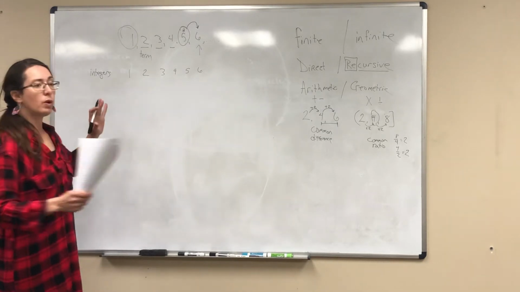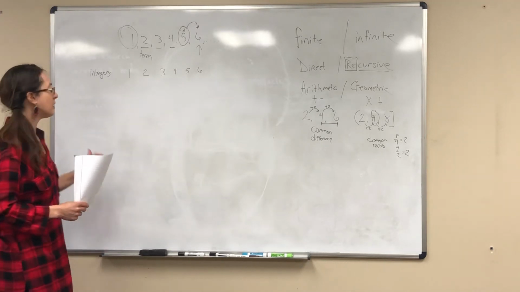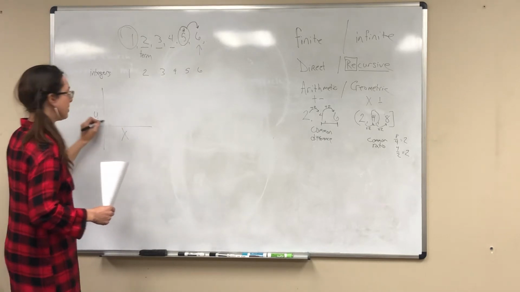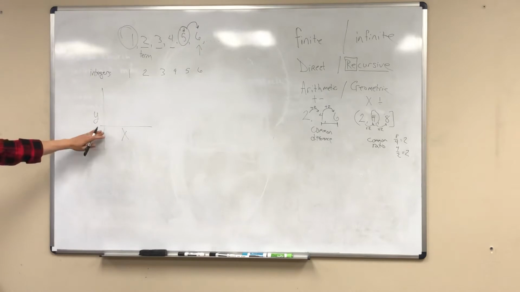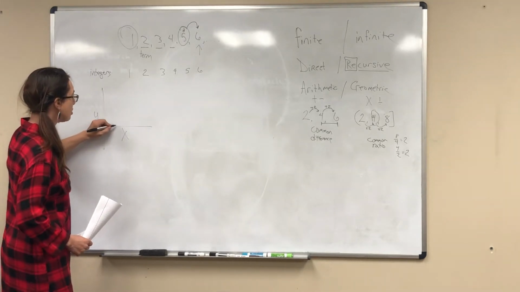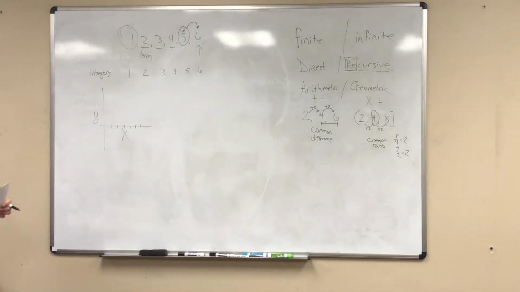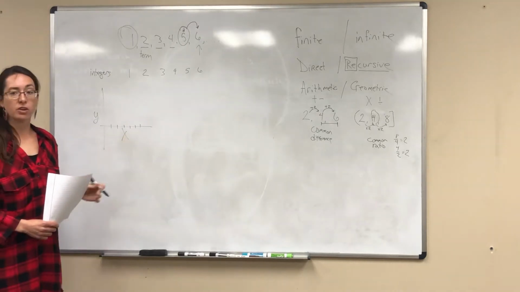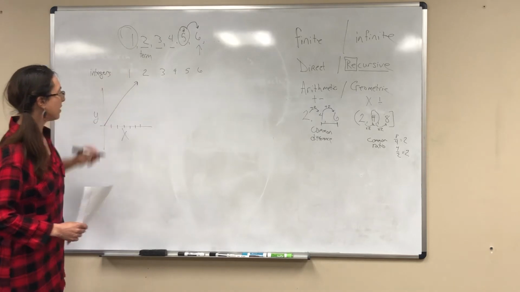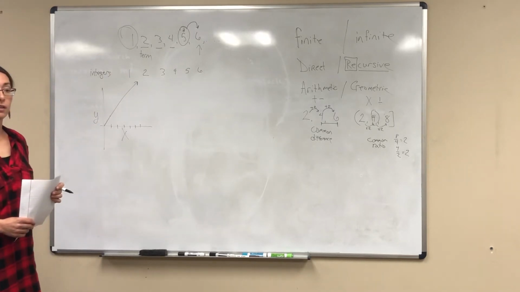When we think about what we've been doing in math, we've been doing lots of functions, we've been graphing, we always have an x and a y, correct? We're used to this, okay? Our numbers that we have here, our terms, are our 1, 2, 3, 4, 5, 6. They are considered our x values. It would just be like if we had a graph, right? When x is 1, what is y? Two.